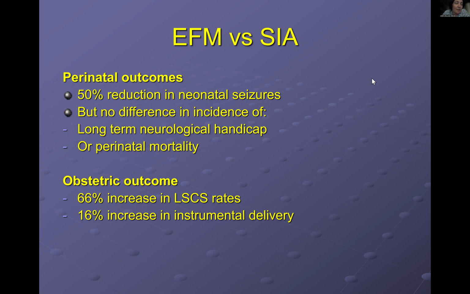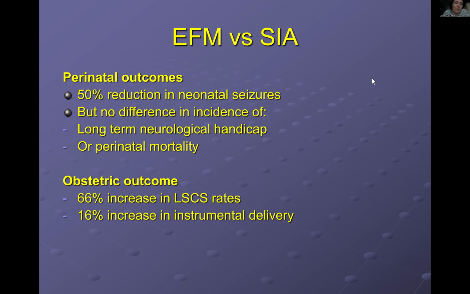However, there has been no documented evidence of reduced perinatal mortality, and unfortunately no evidence of decreasing the incidence of long-term neurological handicap. So neonatal outcomes have improved, but not as much as they were expected to. At the same time, it has led to an increase in cesarean section rate and an increase in instrumental delivery.